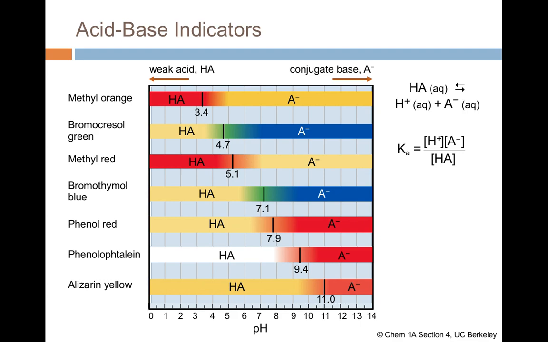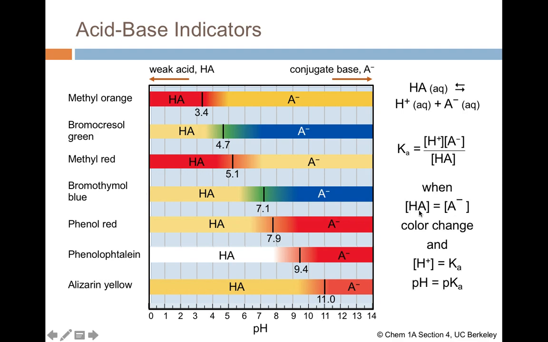Now, when you go from having an excess of HA to an excess of A-, there is of course a point right during that transition when HA's concentration is equal to the A- concentration, which is that buffer solution that we have been talking about all lecture long. So when those concentrations are equal, that's when you have your color change.